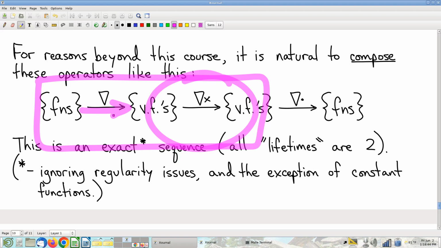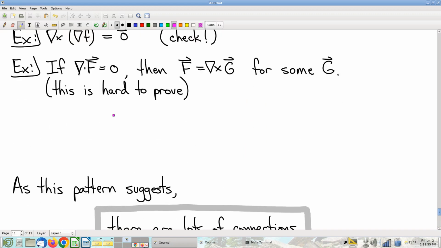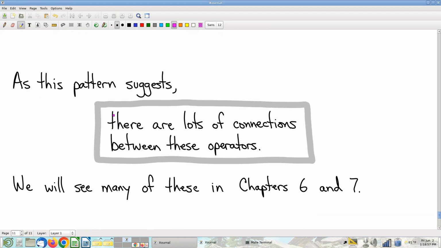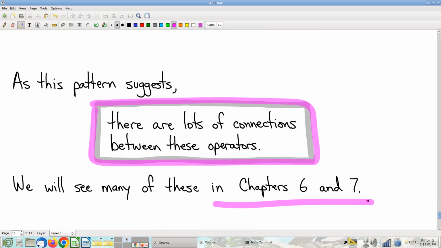So this should be pretty persuasive that this curl thing is probably also natural because of how powerfully it connects to the gradient. There's much more of this, and in chapters 6 and 7, we're going to do much more with these ideas. This is just the tip of the iceberg, scratching the surface, and more to come later.